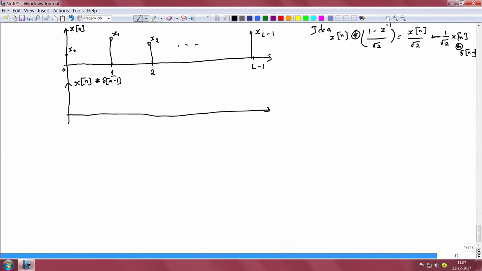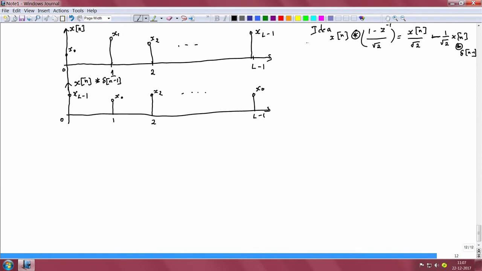So, it is going to be a circularly shifted signal. Here we will have x of L minus 1, here we will have x naught, x 2, and the final value x 0 will come back here at dimension L minus 1. So, this is what we have.